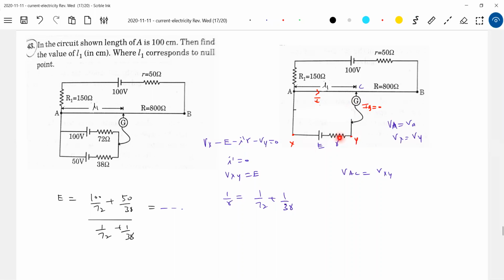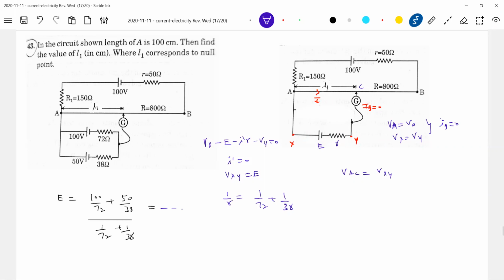If the current to the cell is 0, Vxy will become equal to E. If the current to the cell is non-zero, then you write the terminal potential. The terminal voltage will become equal to Vac. When Vxy equals Vac, the current through the galvanometer is 0. Just that small idea, if you can understand it, no need to revise the potentiometer, I feel.